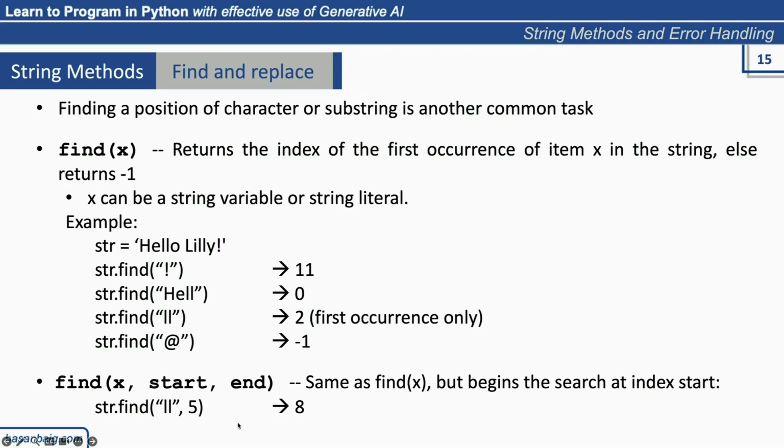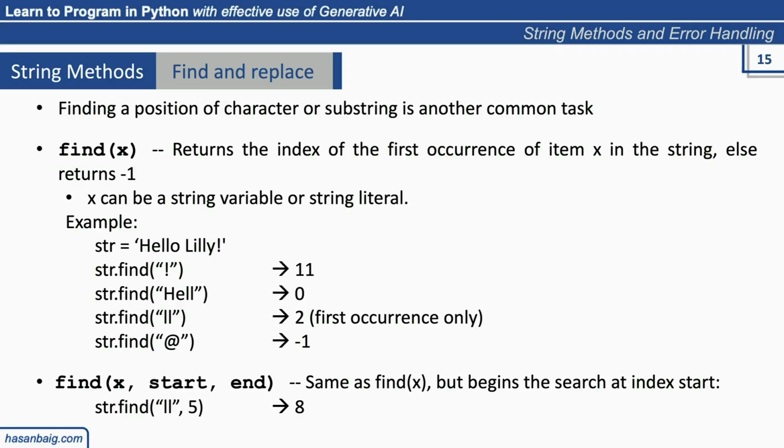Now it returns me the index 8, which is the occurrence in Lily. So it starts searching for LL after the 5th index, and it finds the presence of LL at index number 8.